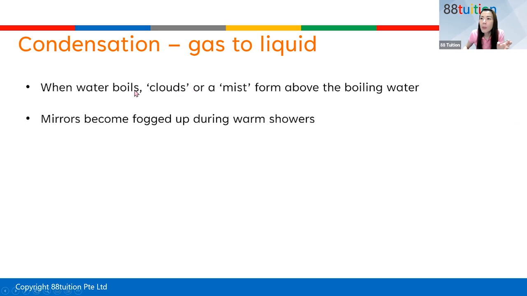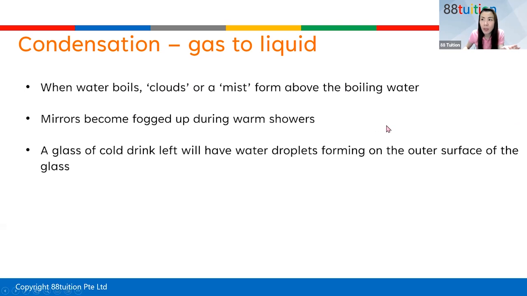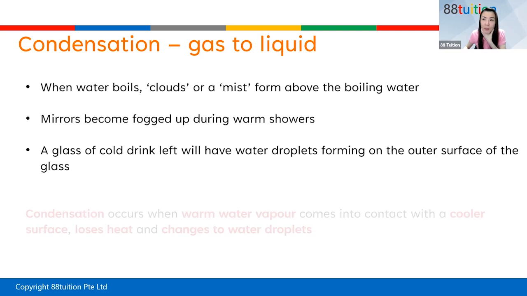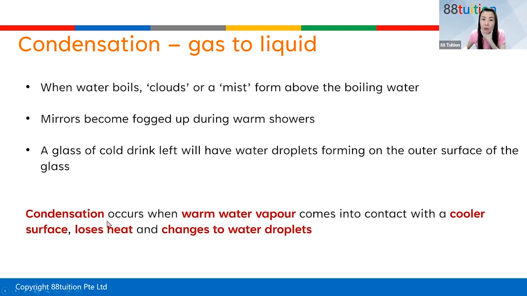Mirrors also become fogged up during warm showers. A glass of cold drink, when it's left on the table or on the kitchen top, will have water droplets forming on the outer surface of the glass. We don't say that the glass of cold drink is sweating, right? Cannot be. It's because condensation took place.